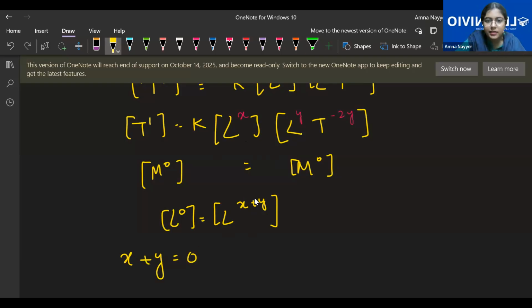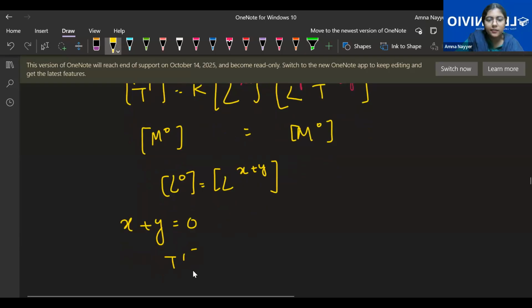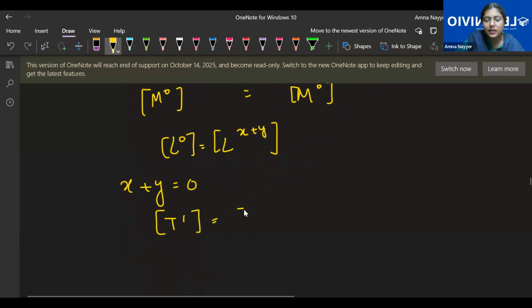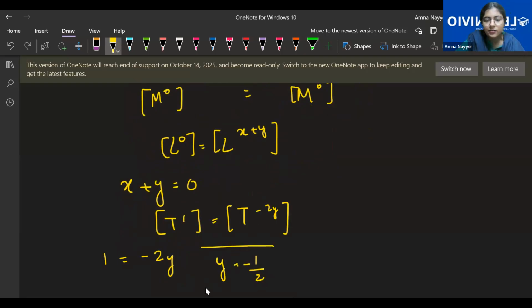Next is this. t is left. So t to the power 1 can be equated with this t to the power minus 2y. I can say 1 is equal to minus 2y, y is equal to minus half. Now x plus y is 0. X minus half is equal to 0. X will be equal to plus half.